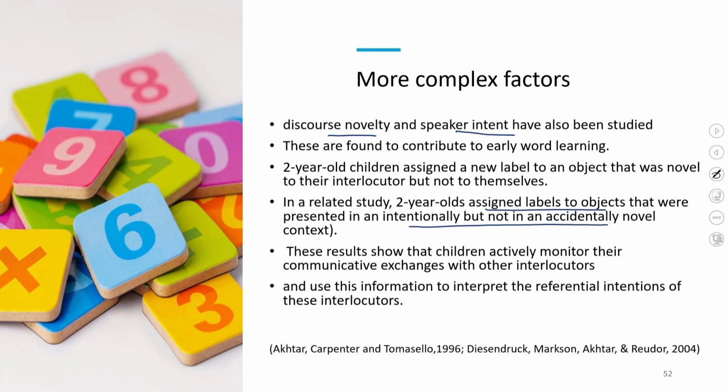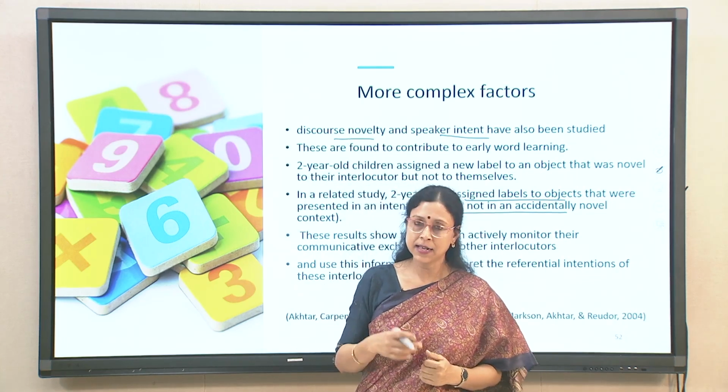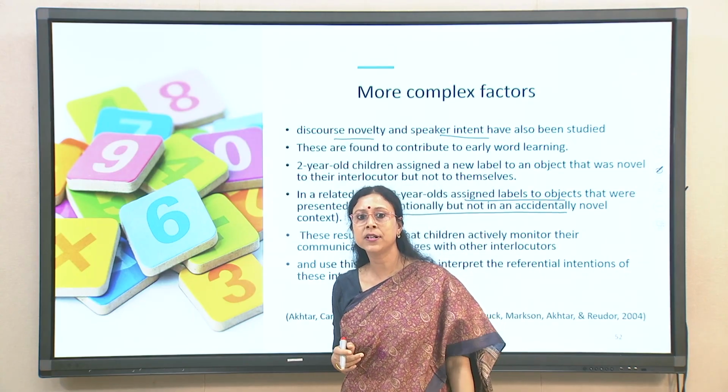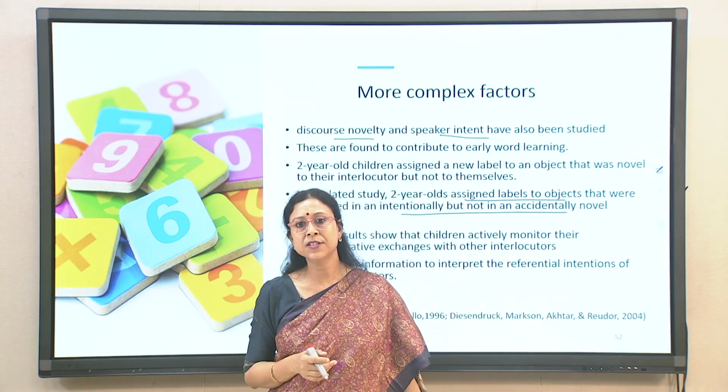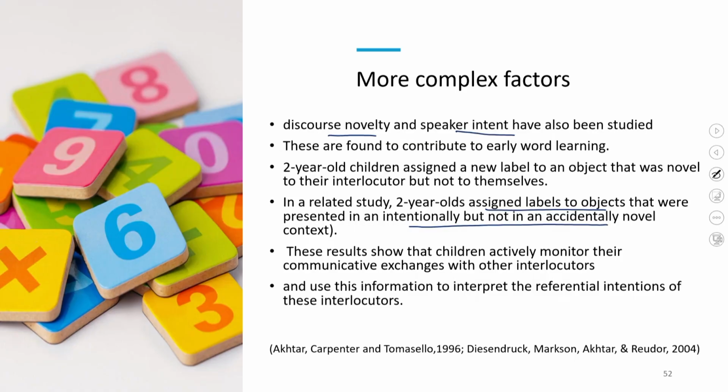So, if they did not know, they used the proper nouns and proper kind of articles, and if they knew it, they did not. So, the results show that children actively monitored their communicative exchanges with other interlocutors and used this information to interpret the referential intentions of these interlocutors.